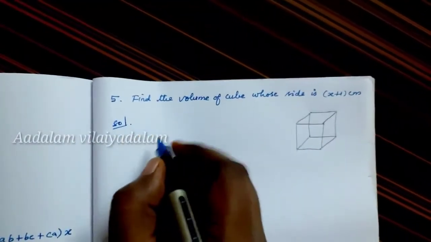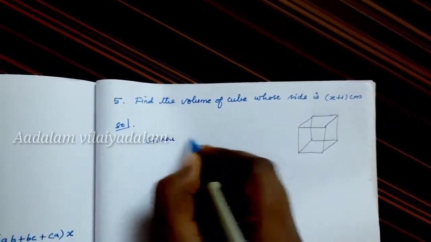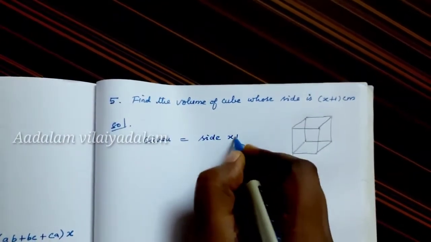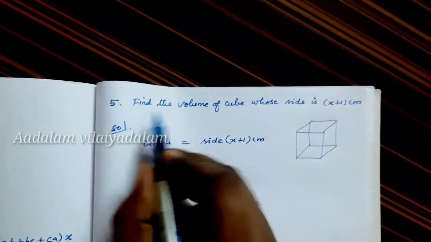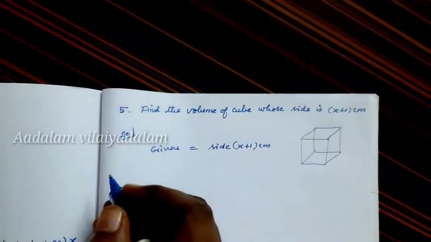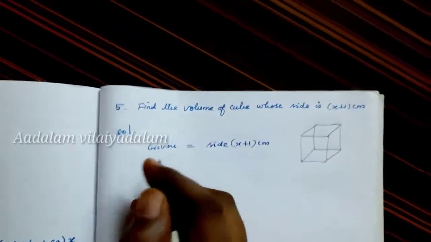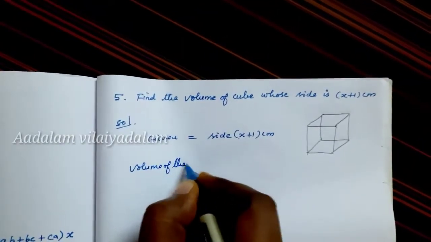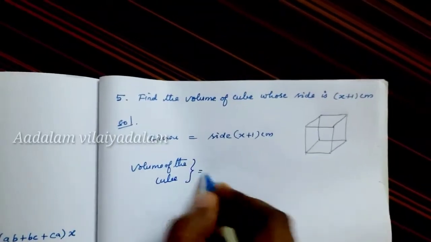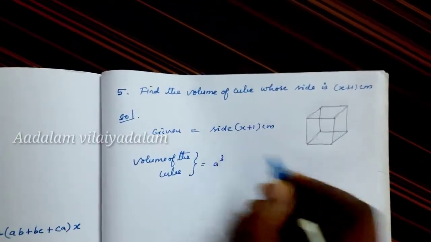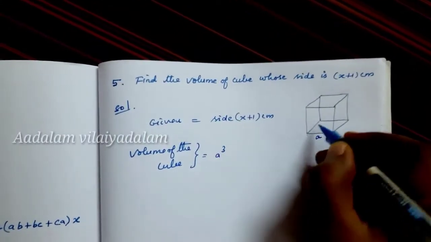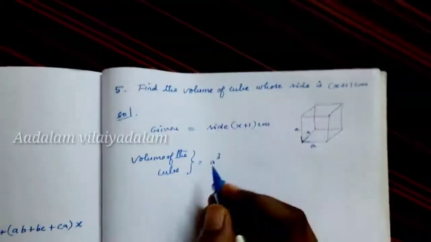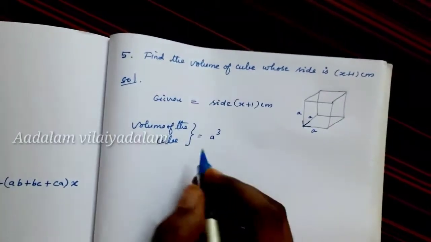So let's write it down. What is given? The side is x plus 1 centimeter. What we need to find is the volume of the cube. There is a formula for this: the volume of the cube is equal to a cube, because all three sides are the same.